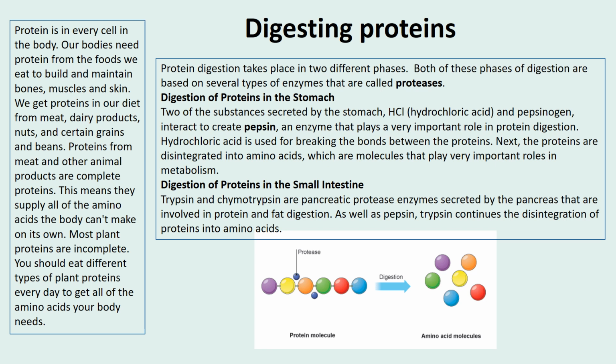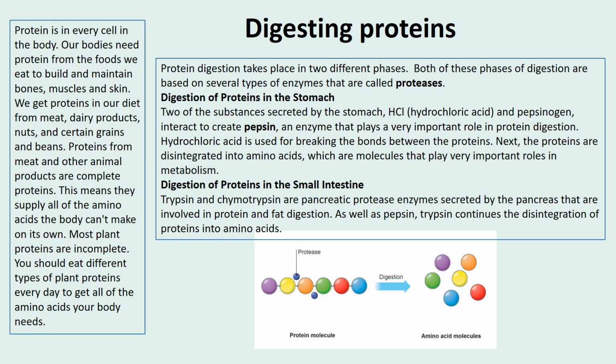Now, proteins are broken down by a group of enzymes called proteases. So notice that both of them so far end in ases. So if you see an ase in biology, it normally means it's an enzyme. So proteins are broken down by proteases.